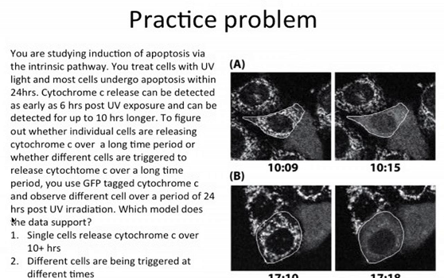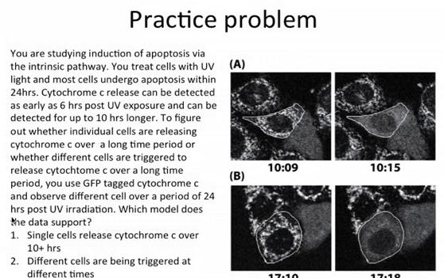So notice in both of them in the first panel, you've got cytochrome C inside your mitochondria. It's not released yet. So that completely blows hypothesis 1 out of the water. Because if it was single cells releasing cytochrome C over 10 hours, both of them shouldn't have cytochrome C in their mitochondria in the first picture.